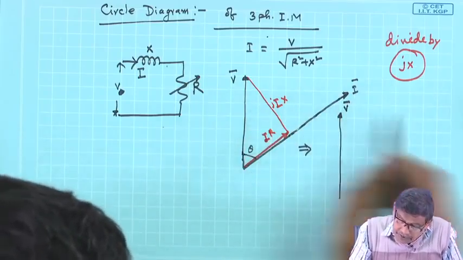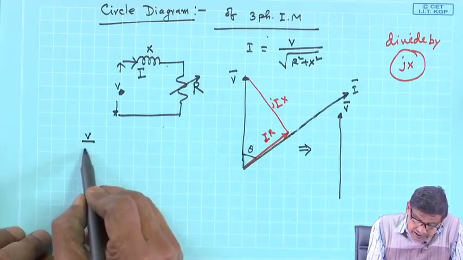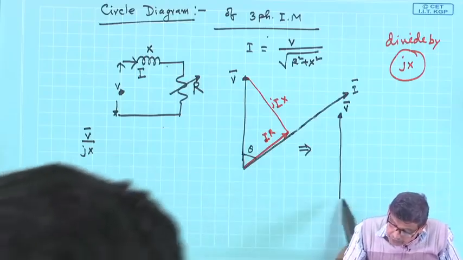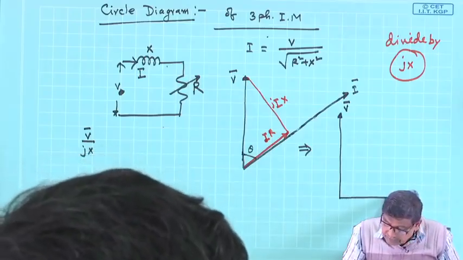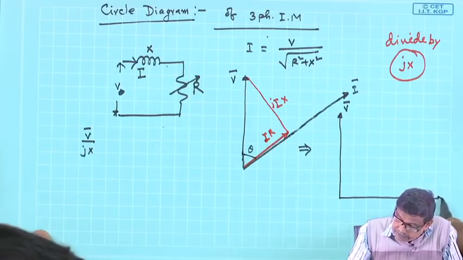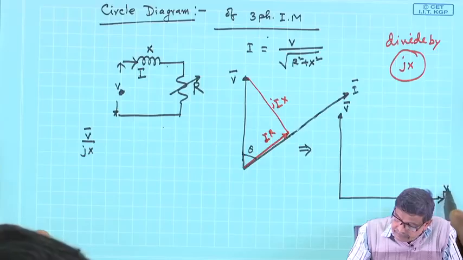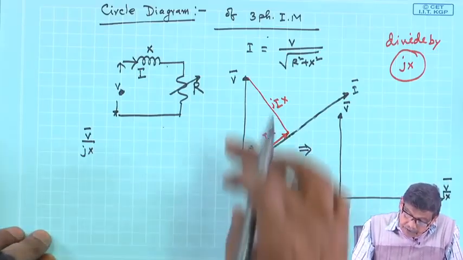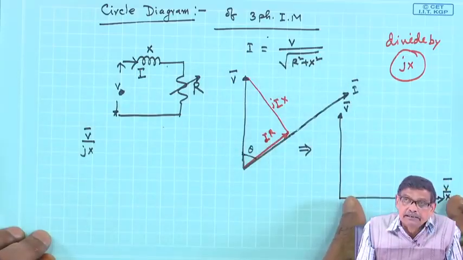But this V by jX will now be here, 90 degrees. This is V by jX. This length is V by X. So, this length is divided by this.